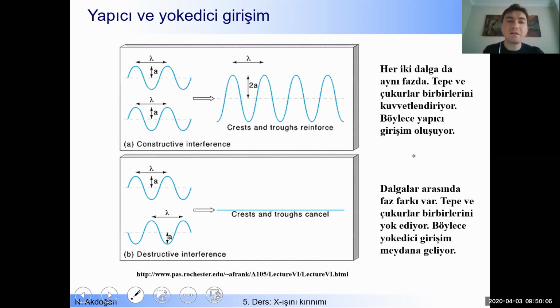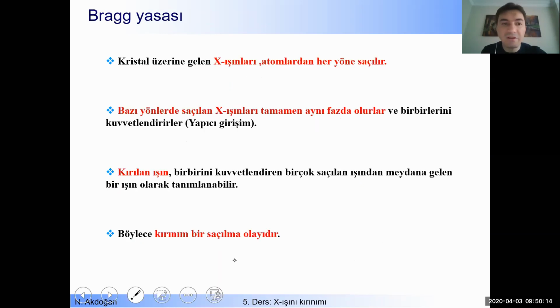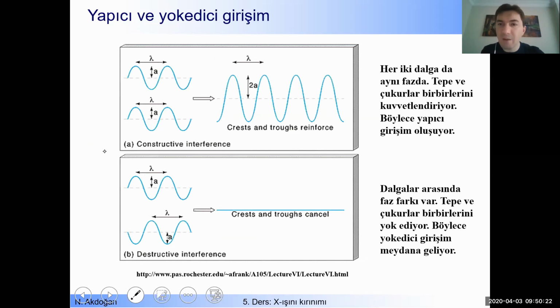So then let's talk about constructive and destructive interference. We have talked here about the reinforcement of the X-rays. So how does it happen? It is related to constructive interference and destructive interference. Here we have two X-rays, okay, with the wavelength of lambda and the amplitude A. Here we have another X-ray with the same wavelength and same amplitude, okay?